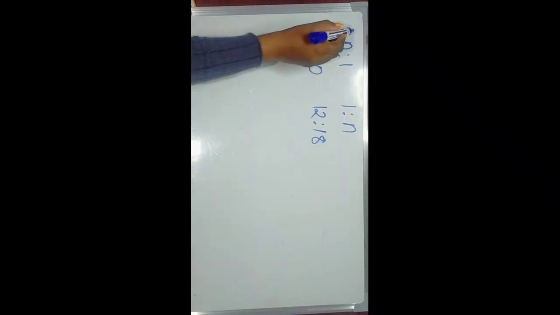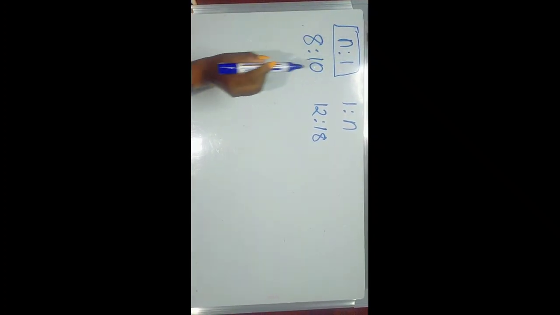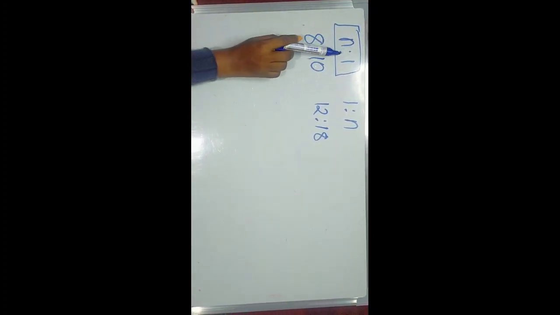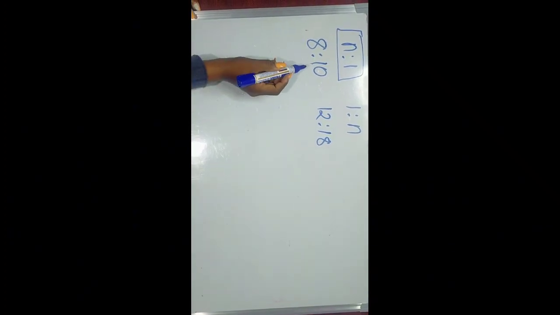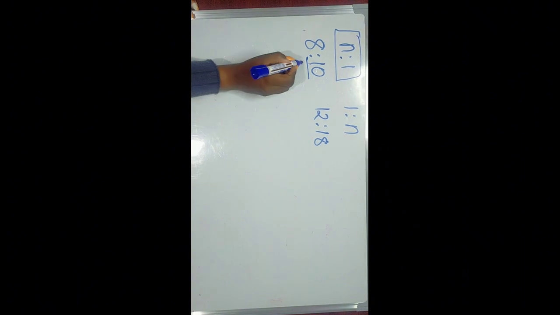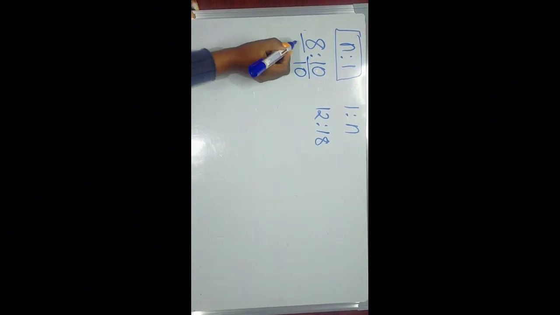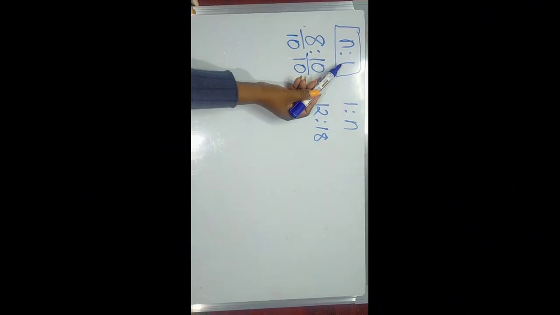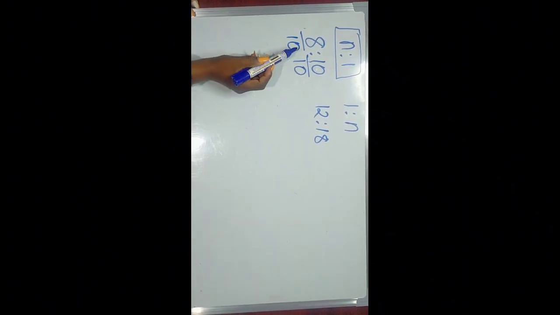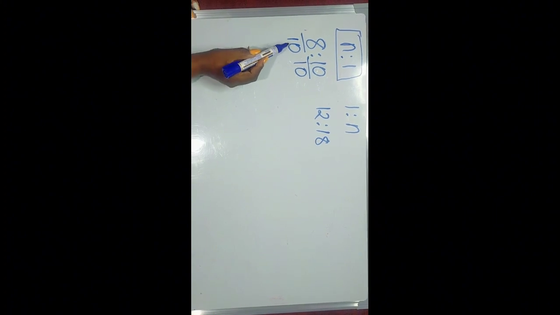Okay, let's start by writing these ratios in the form n:1. So what you do in this case is this last number here, you divide it by itself. In this case, it will be over 10, so that we change it to 1. And we divide the other number by the same, which is 10.